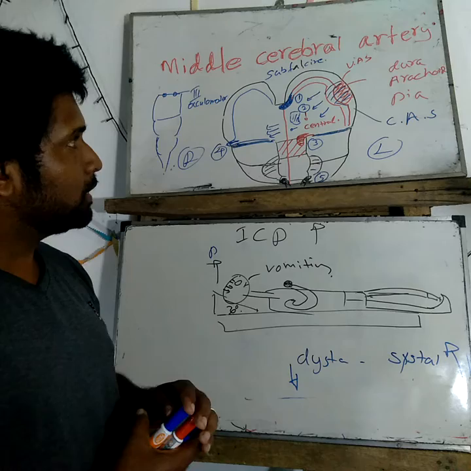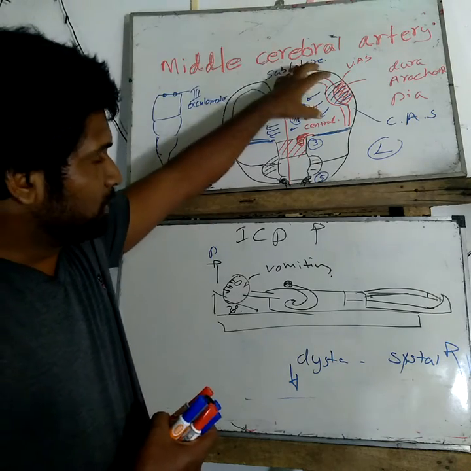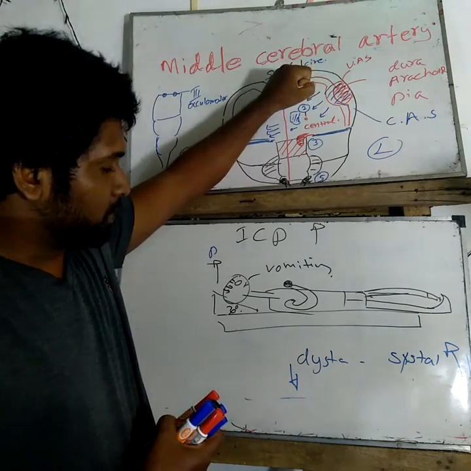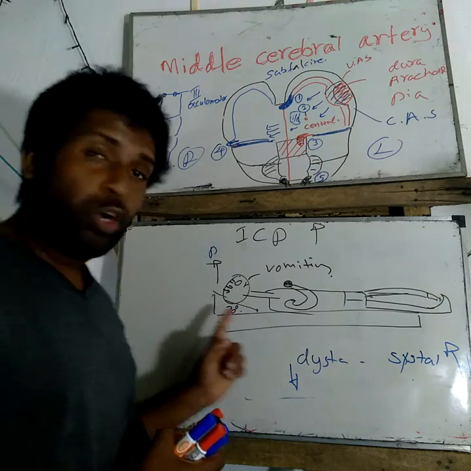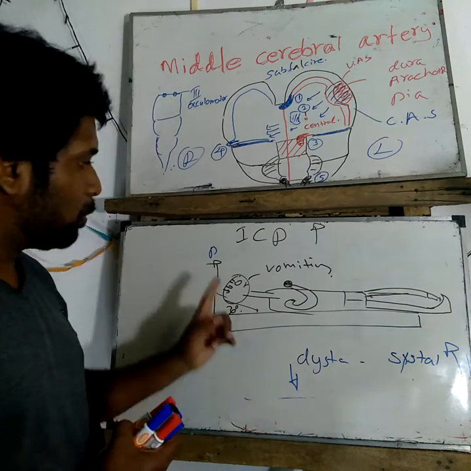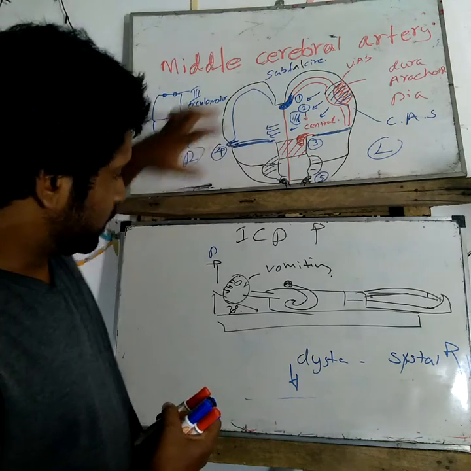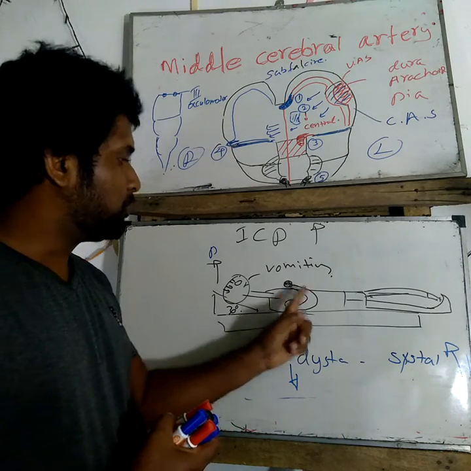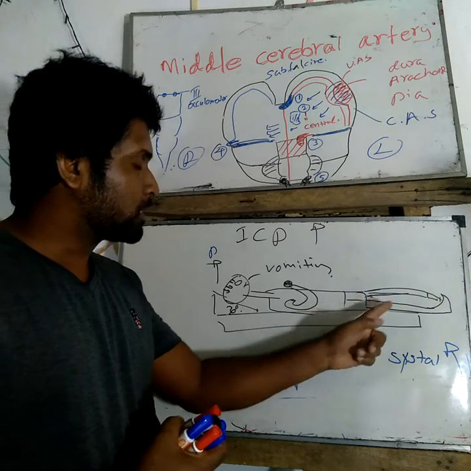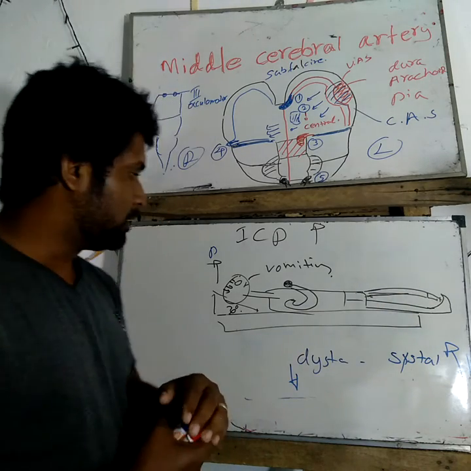We know the homunculus is compressed. Due to this cortex compression, this is the decorticate posture. When the decorticate posture is identified, the arms are flexed and the legs are extended and medially rotated.